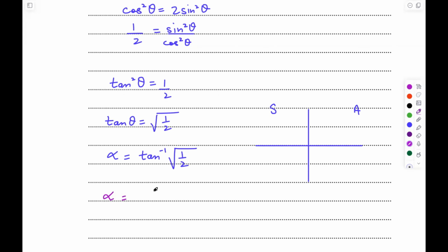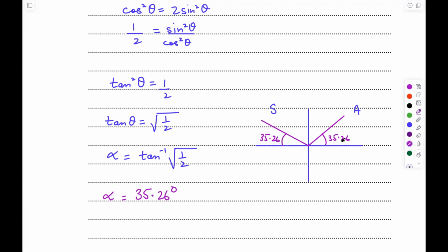So taking shift tan inverse of square root of 1 upon 2, that is equal to 35.26 degrees. Now we'll make the basic angle in the first quadrant 35.26 and in the second quadrant as well, which is 35.26.